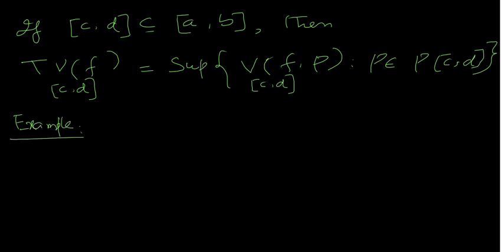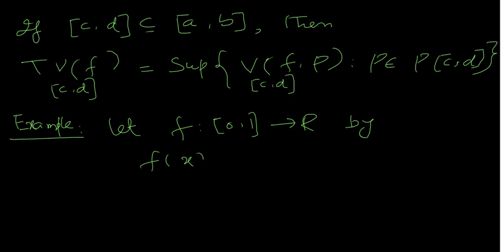Suppose let's take this function. Let f be a function from the closed interval 0 1 to R, defined by f of x equals x square. Now let's choose a partition.